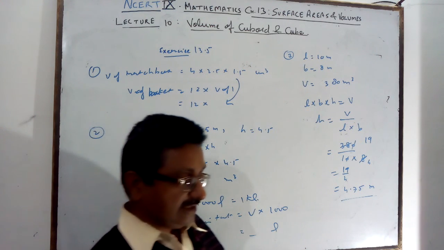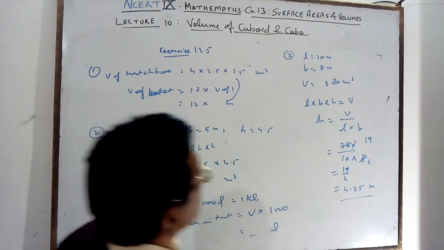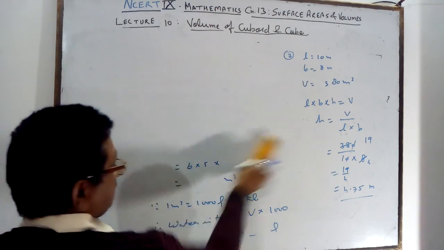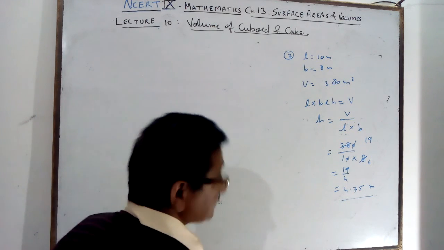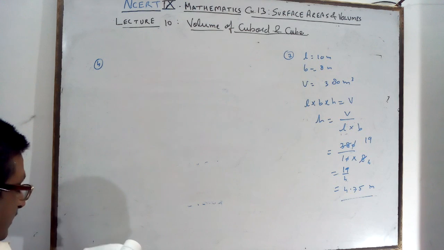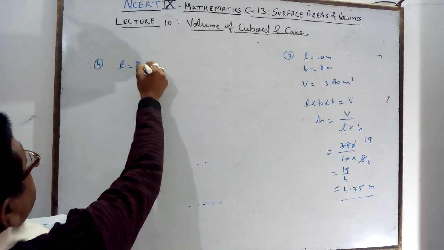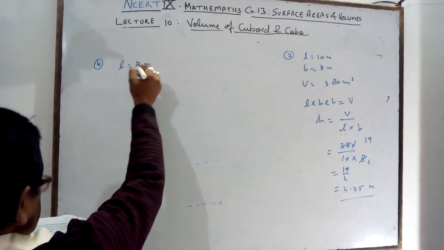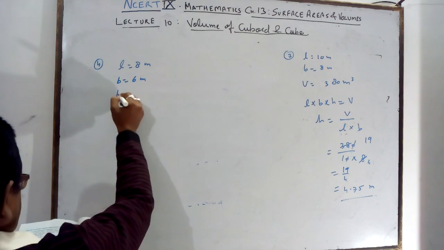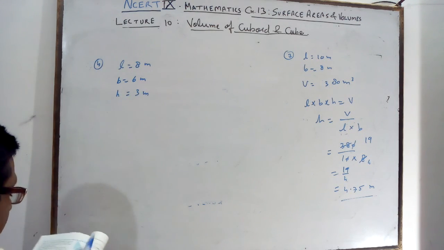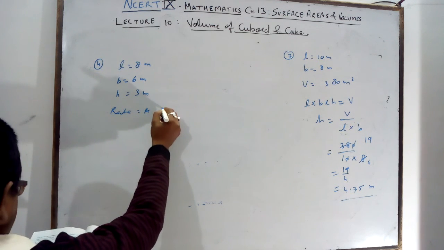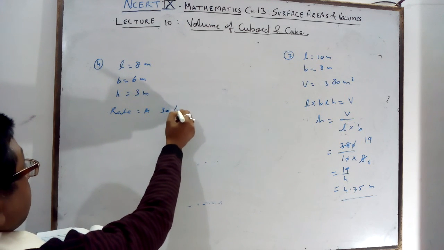Find the cost of digging a cuboidal pit. Question number 4: cost of digging an 8 meter long pit, 6 meter broad, and 3 meter depth, at the rate of rupees 30 per meter cube.